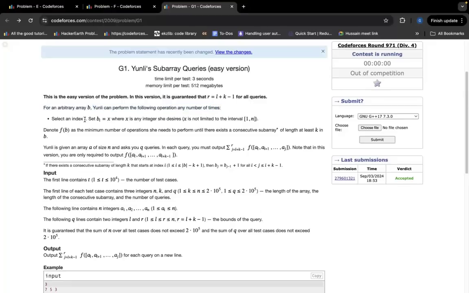Select an index I, set Bi is equal to X, where X is an integer she desires, not limited between 1 to n. Now let's denote FB as the minimum number of operations to make the array consecutive. All right. So you are given a range and you need to find the minimum number of operations needed to make this array consecutive.